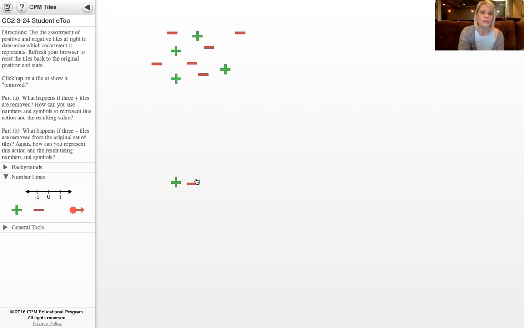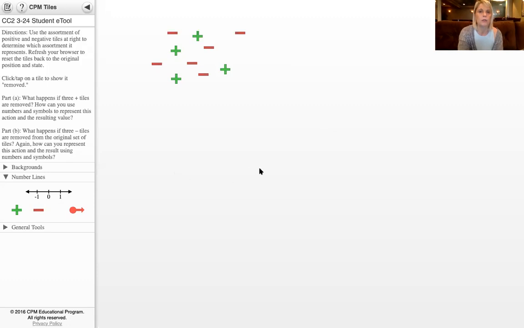I talked about this on Monday, they basically cancel each other out. It's like if this was a positive one and you added a negative one, it equals 0. So anytime you have a positive and negative tile together, it is called a zero pair. So they basically cancel each other out, so you could get rid of it.